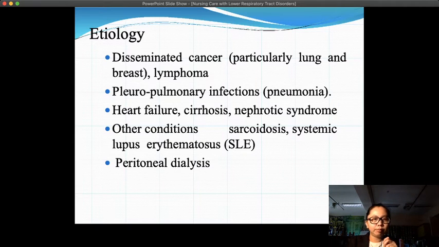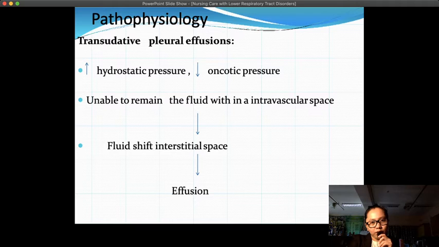So pathophysiology: increased hydrostatic pressure, decreased oncotic pressure, unable to retain the fluid within the intravascular space. Because supposed to be, if normal ang lining ng lungs, if the pleural space has enough fluid from 10 to 20 ml, dapat hindi lumabas yung fluid from the intravascular space.